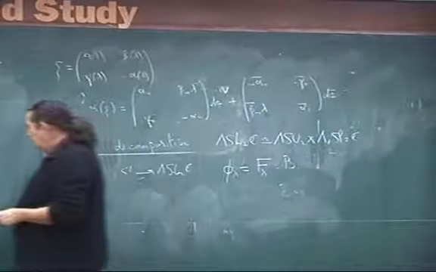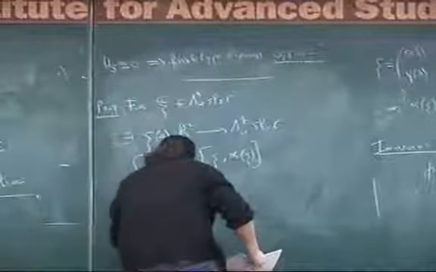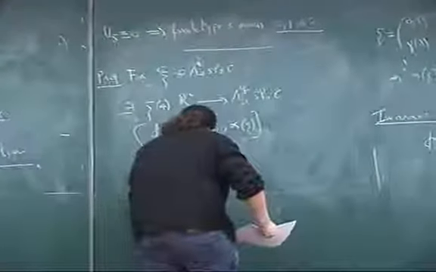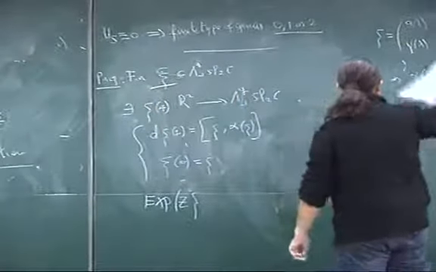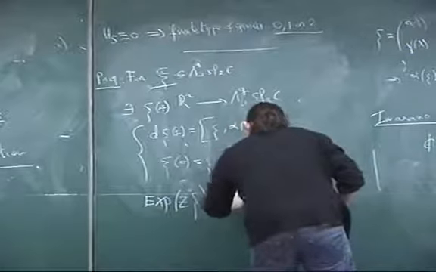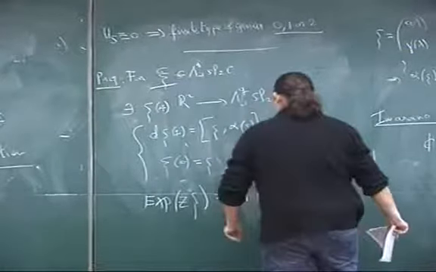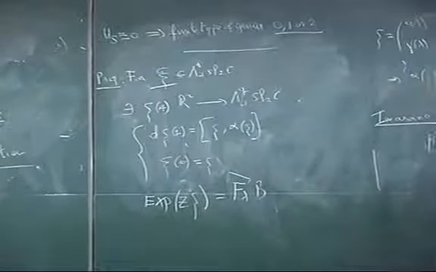Then, what we can say is that exponential z psi, for any matrix like that, is f lambda b, and f is exactly what we want.